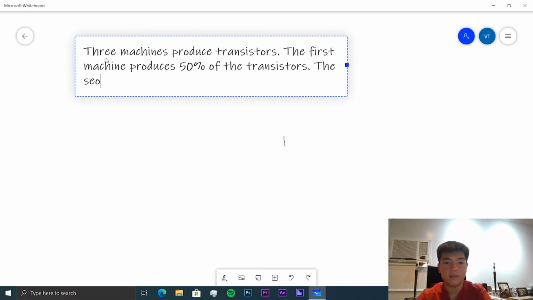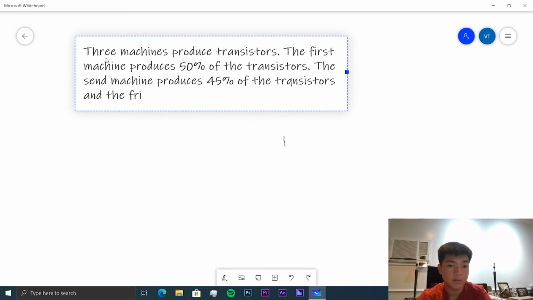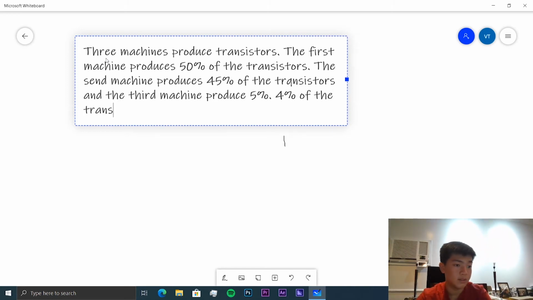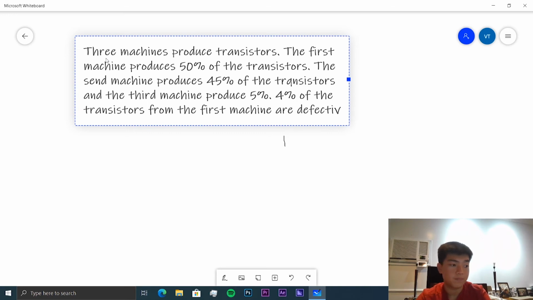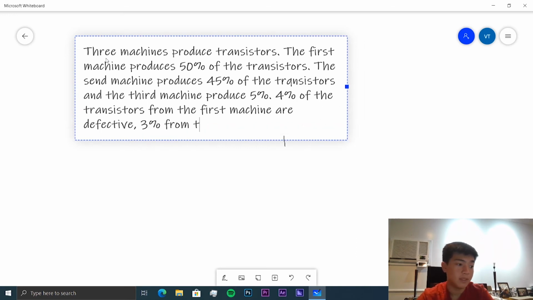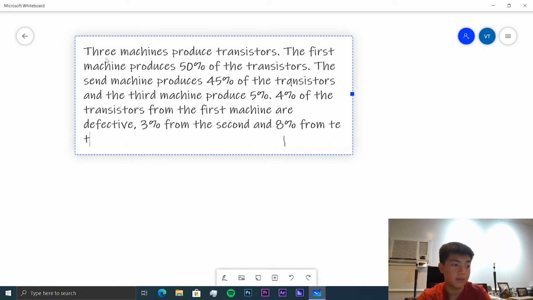The second machine produces 45% of the transistors. And the third machine produces 5%. 4% of the transistors from the first machine are defective, 3% from the second, and 8% from the third.